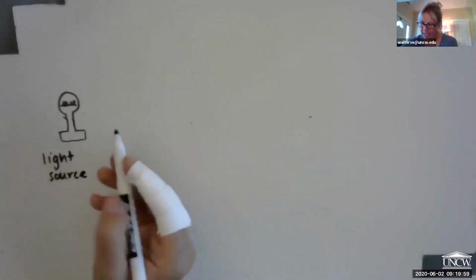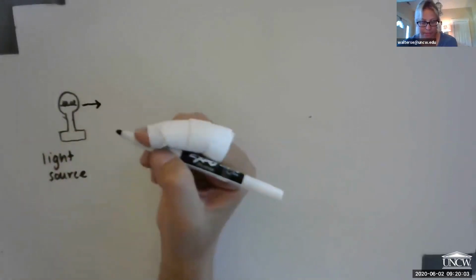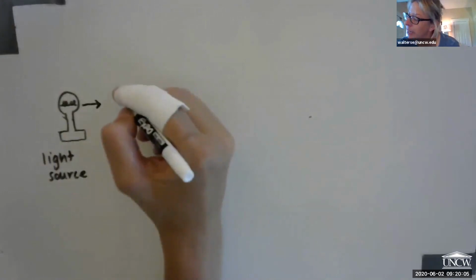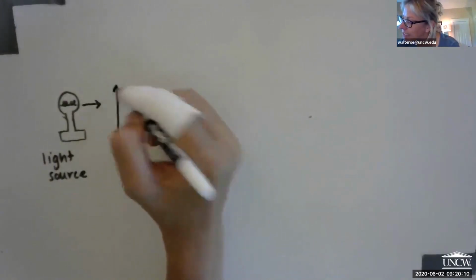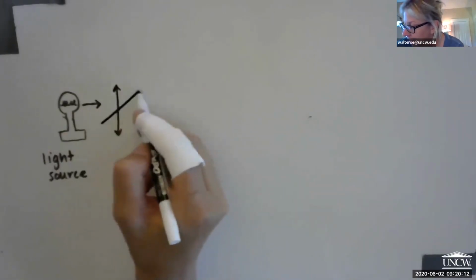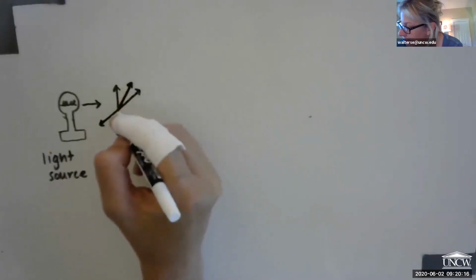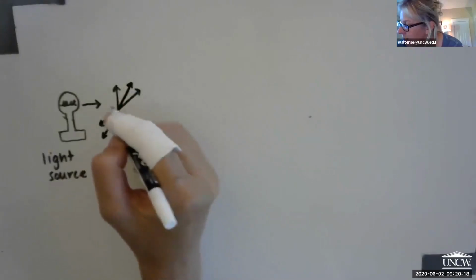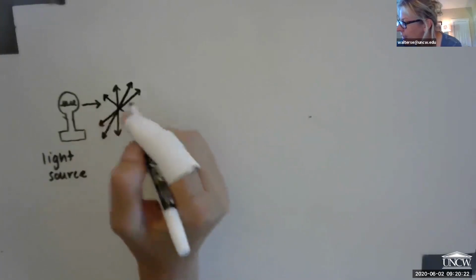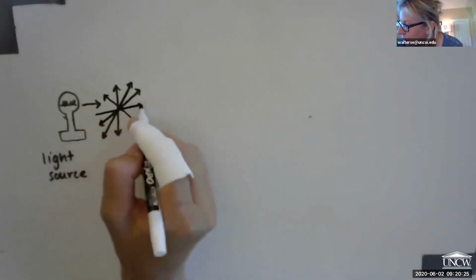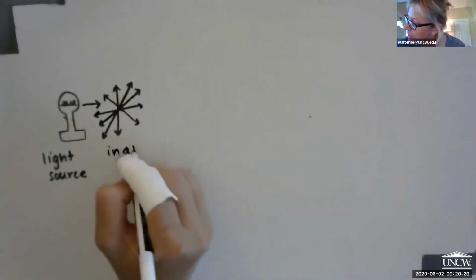Now, as the light comes out of this light bulb, it's going to be in all planes, which means you'll have a plane of light like this, a plane of light like this, all throughout. It's like the light comes out in all planes.